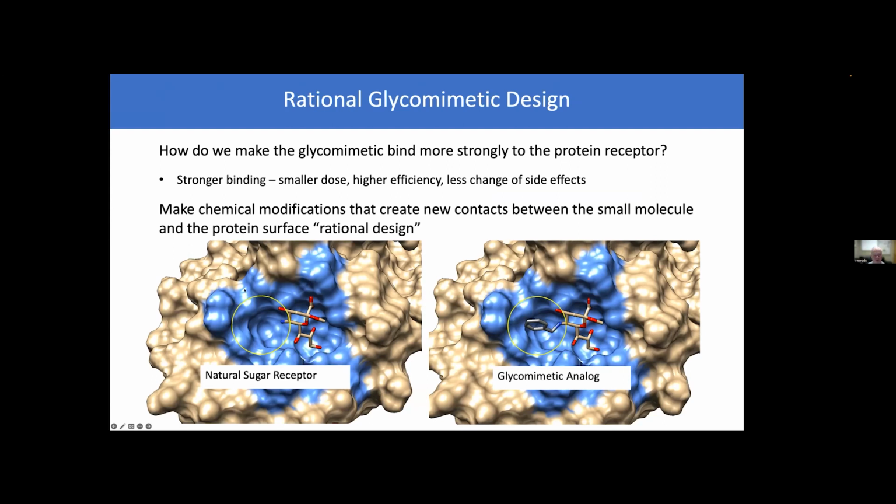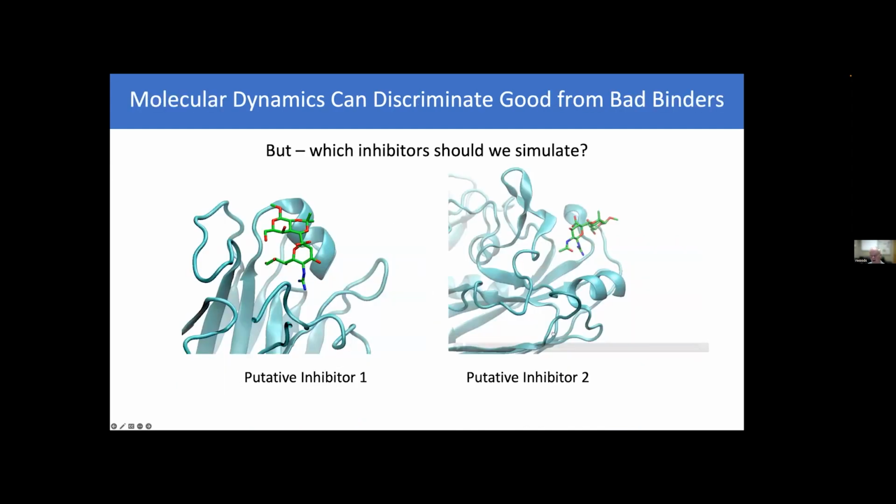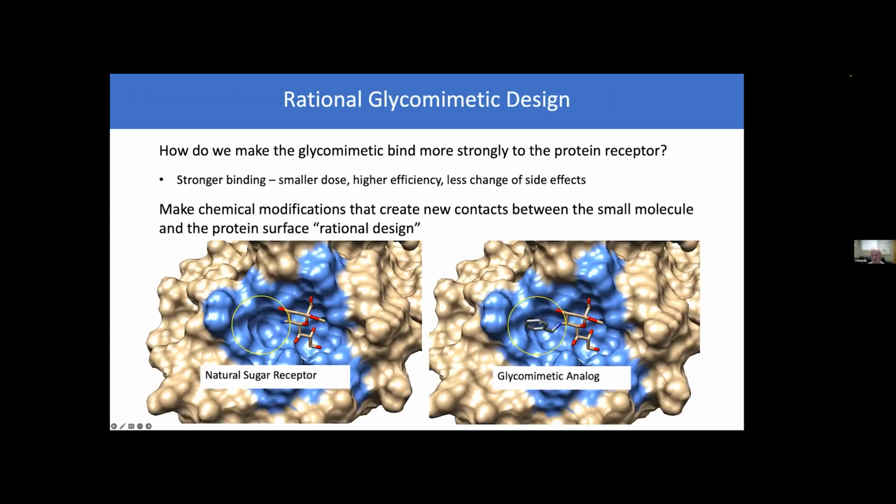If we zoom in on the binding site of influenza, this is the sialic acid, that purple diamond in the previous figure. And you can see that there's a pocket right nearby in the binding site. And one could imagine creating some sort of chemical moiety that you would attach to the sugar that would fit in the pocket, right?